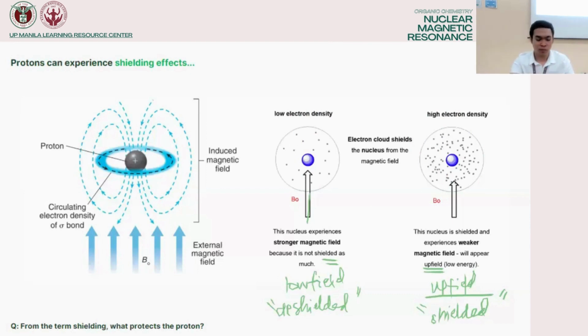What's the phenomenon that happens when you have shielding? It starts with the letter D. Sorry, mental block.